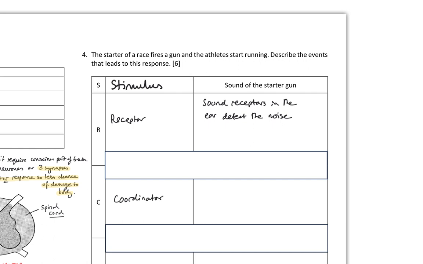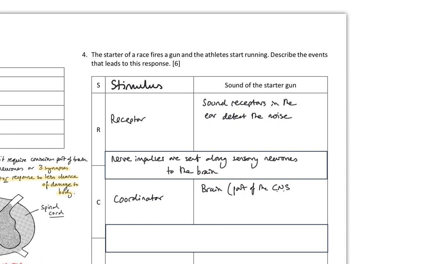I get most of the marks here for how I transfer the information. So I'm going to talk about nerve impulses being sent along sensory neurons to the brain. The coordinator in this case is the brain, which is part of the CNS, the central nervous system.